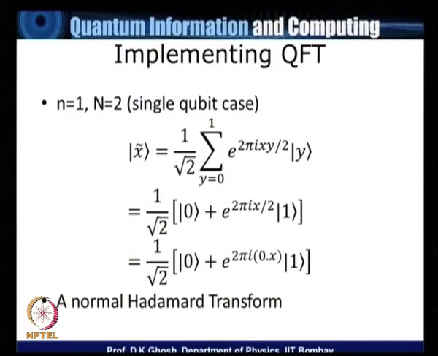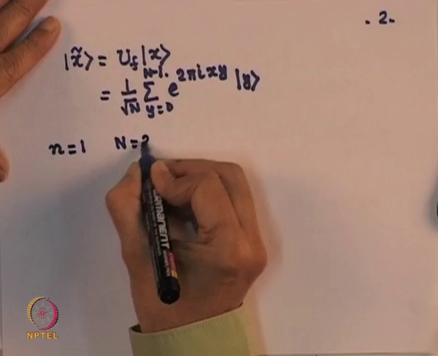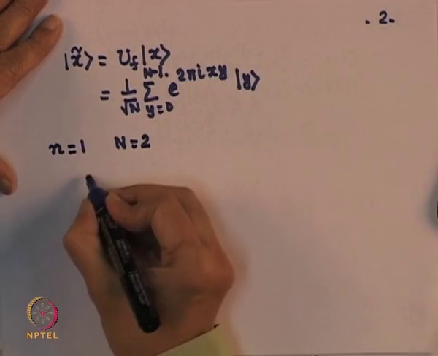Now, let me look at how one implements the QFT. The simplest way of doing it would be to look systematically at what happens for the single qubit case, for the 2 qubit case, and then the generalization will be obvious. So, let me take the single qubit case, n equal to 1, corresponding to capital N equal to 2. Now, what is |x tilde>?